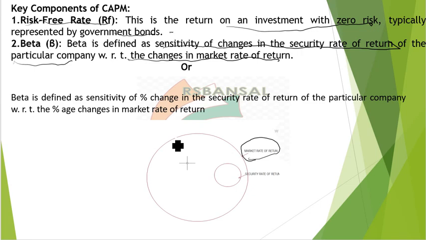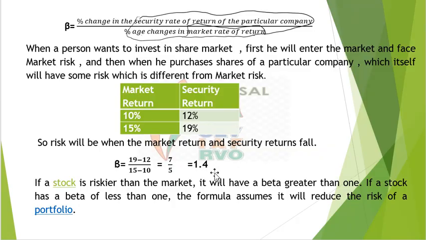And when you enter into the market and buy the share of a company, this company will have a security rate of return. So you have to confront these two things: the market rate of return of the whole market and the security rate of return of that particular company of which you are purchasing shares or securities.